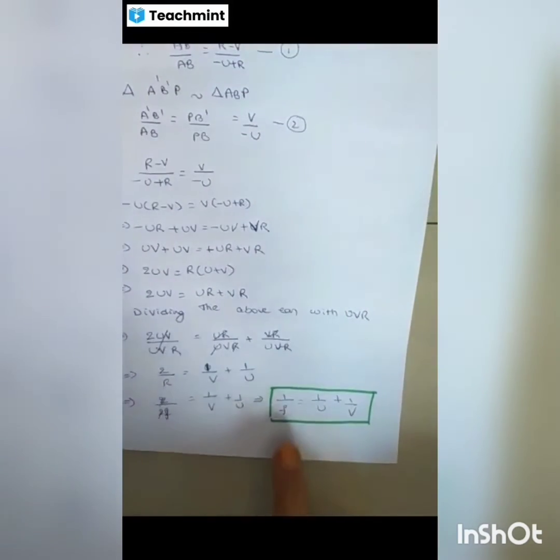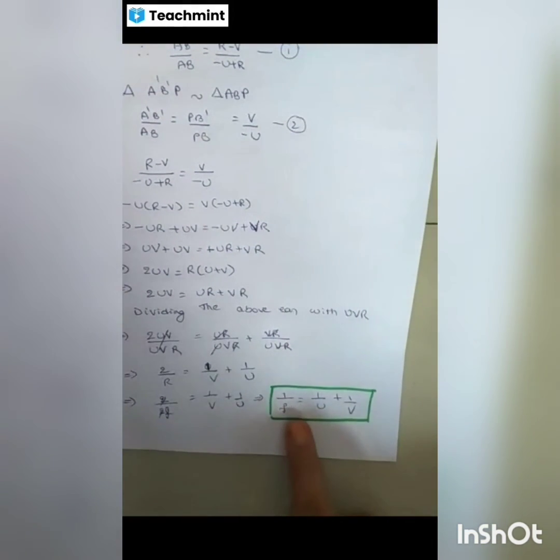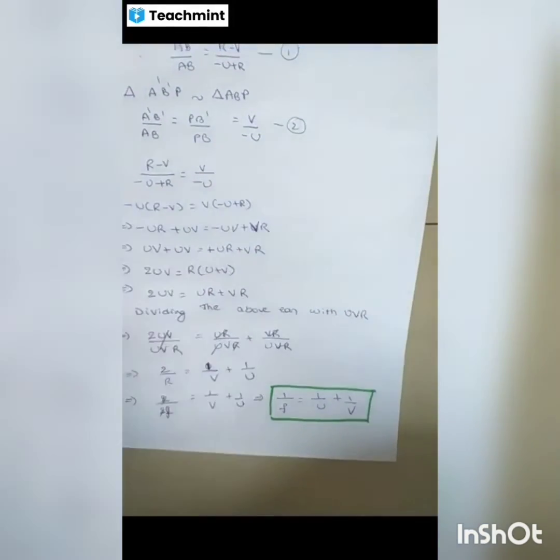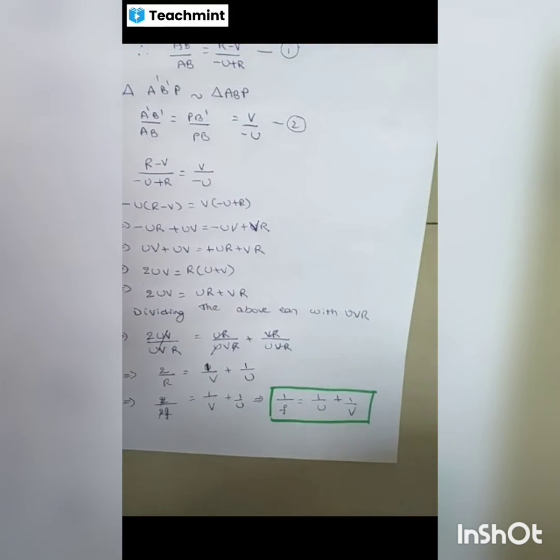So what is the mirror equation? 1 by F is equal to 1 by U plus 1 by V. Mirror equation is used to get the focal length of a mirror. If we know the focal length, by adjusting the mirror we'll get the clear image. That is the use. So how to get the focal length of the particular mirror?